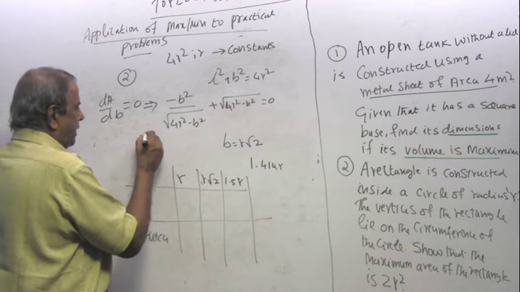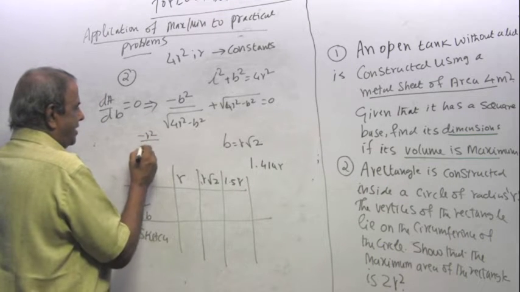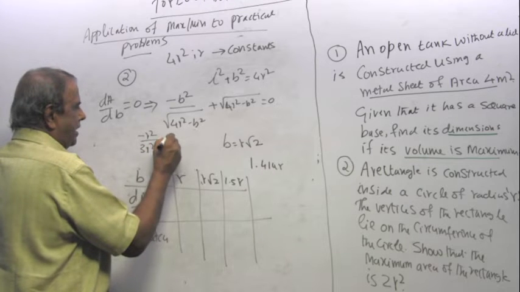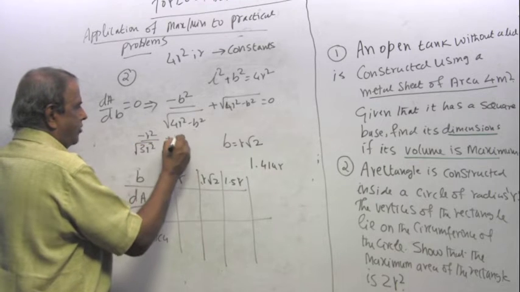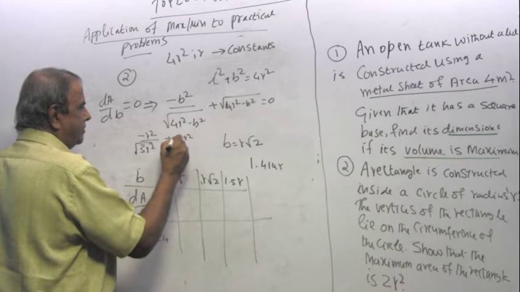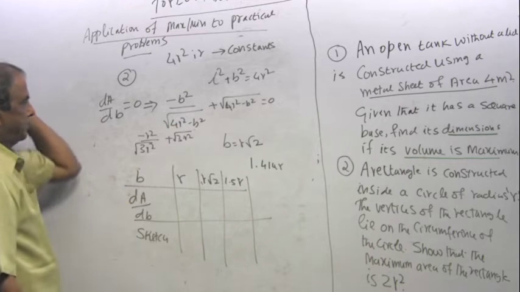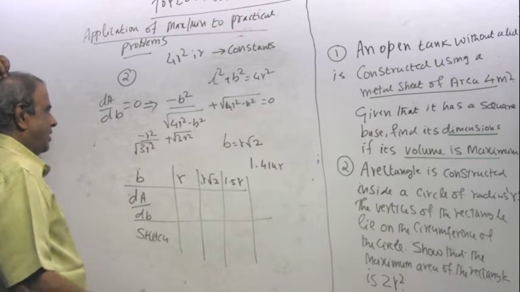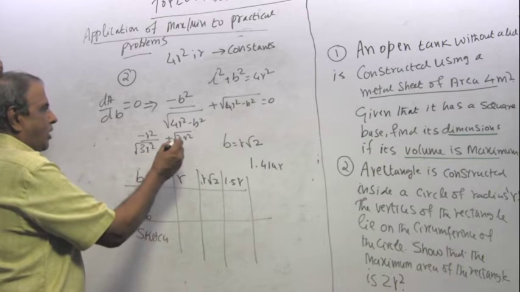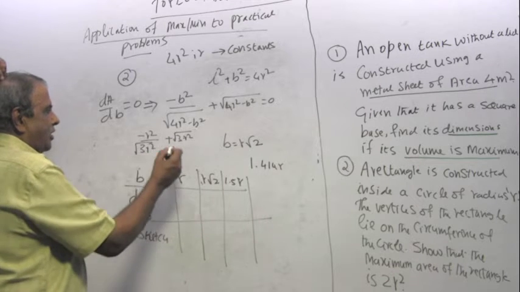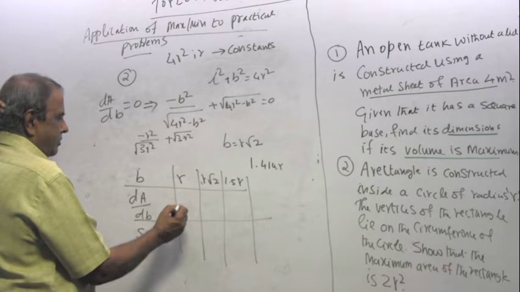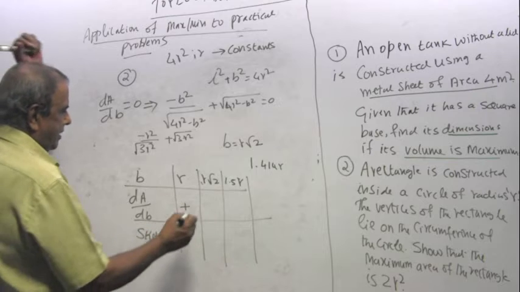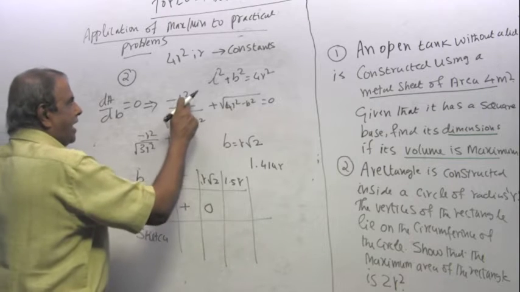So, minus r squared over root of 3r squared, plus root of 3r squared. Correct? Now, forget the r squared. 1 over root 3 is smaller than root 3, so it's going to be positive. There it is 0.